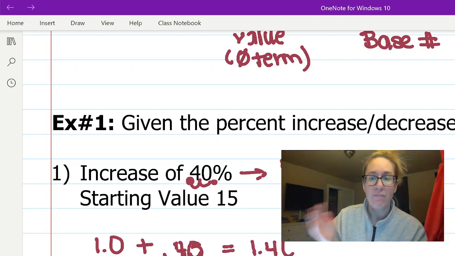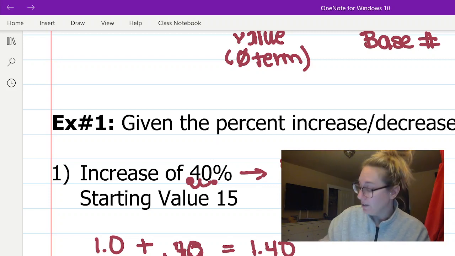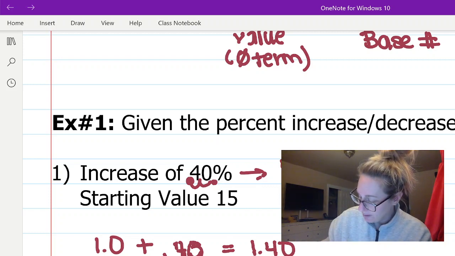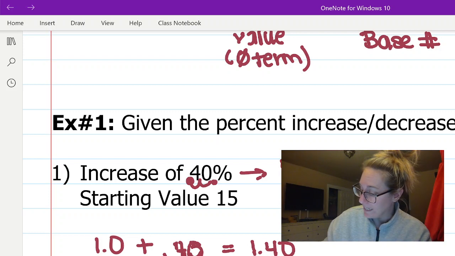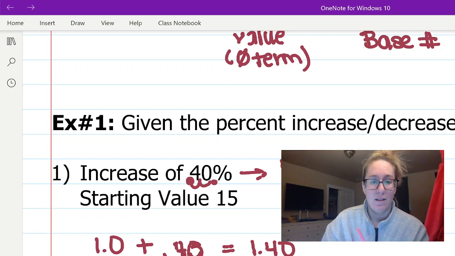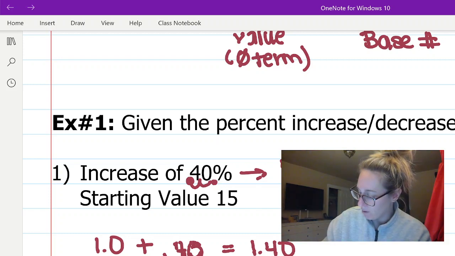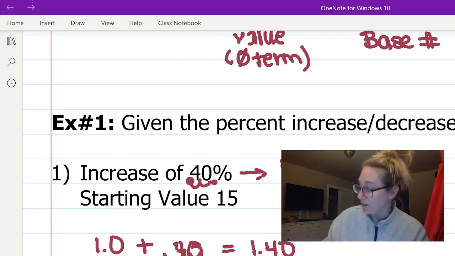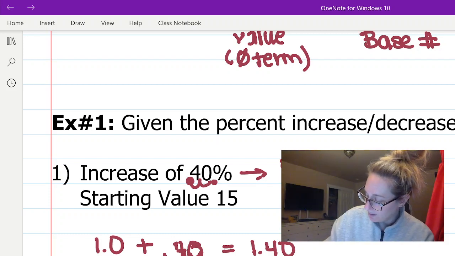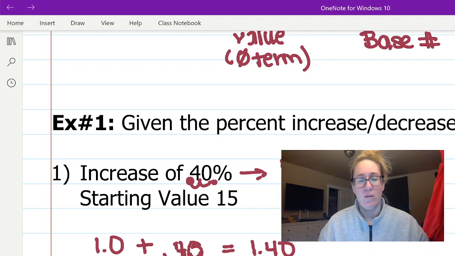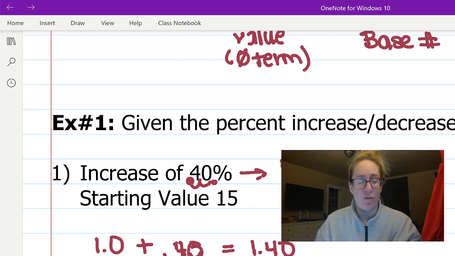Then to write an equation, we have y equals, our starting value is 15, our common ratio 1.4, to the power of x. So when we're increasing, we always start by taking our percentage and converting it to a decimal. If it's an increase, you take that 100%, that 1.0, and add on your percentage as a decimal.